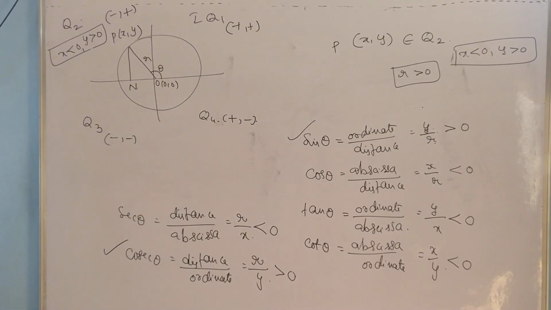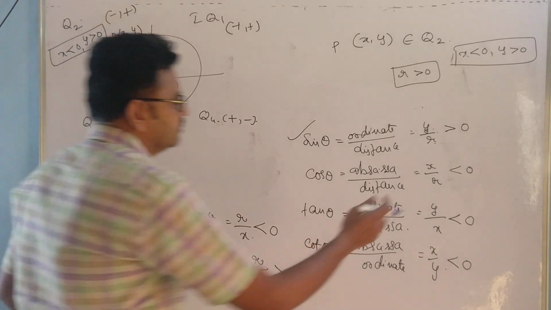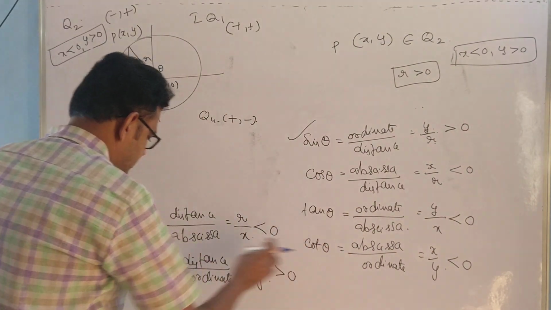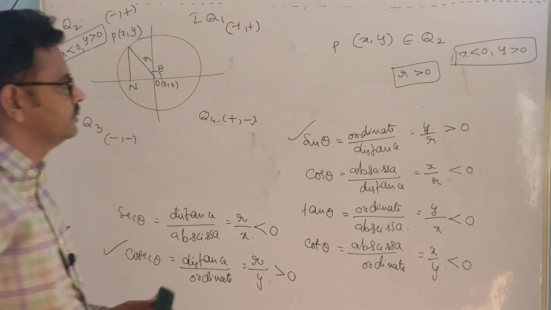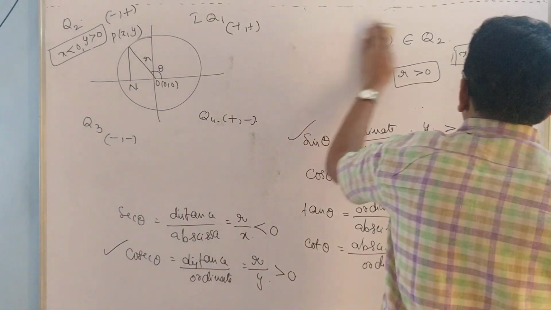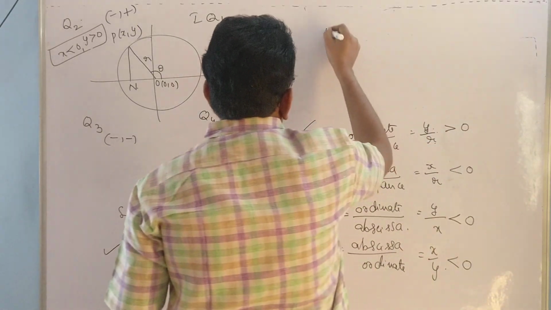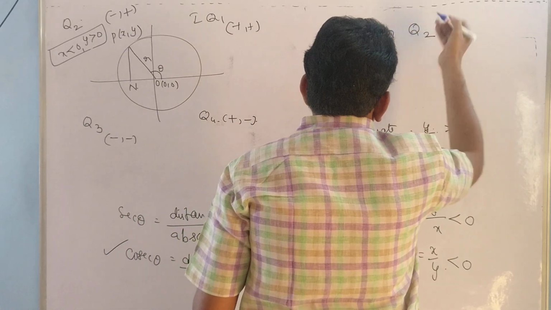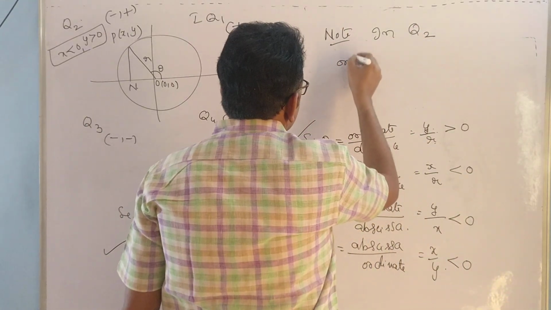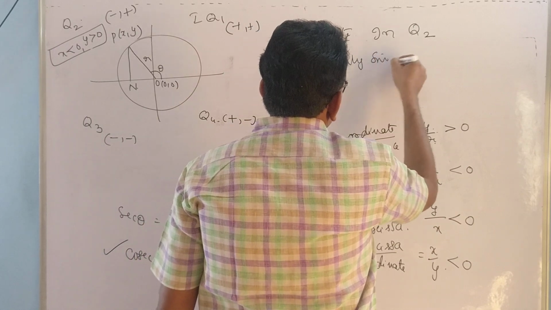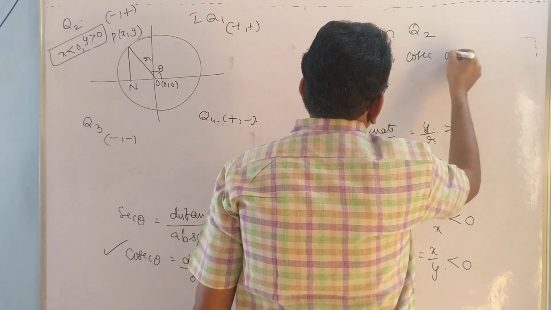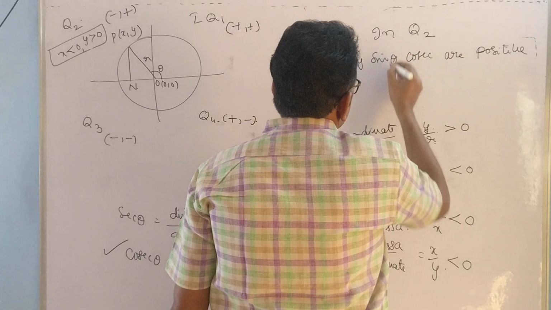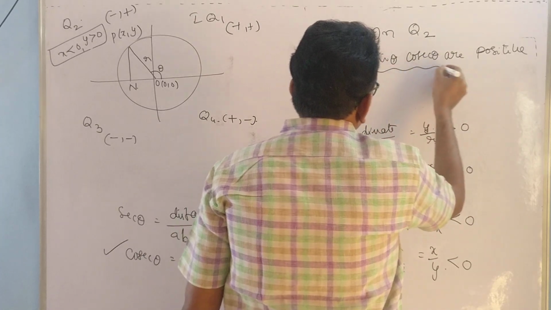So in the second quadrant, only sin and cosecant are positive, and secant is negative, and the remaining four trigonometric ratios are negative. So note, in Q2, the second quadrant, only sin theta and cosecant theta are positive.